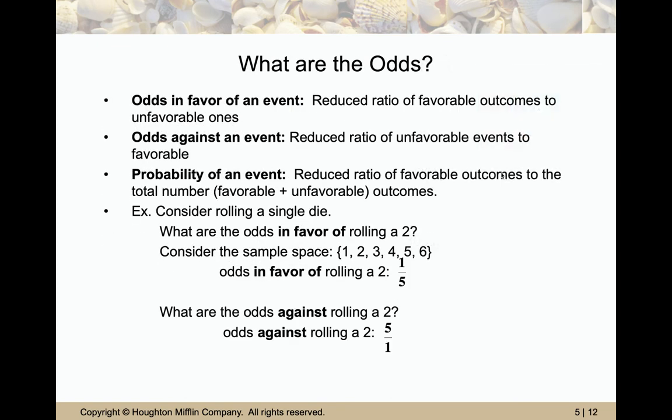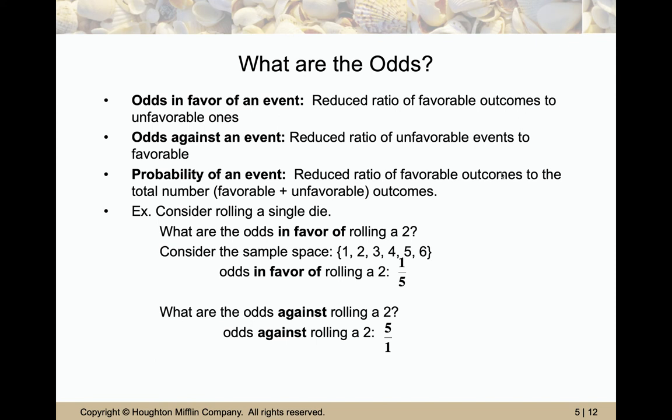A lot of times people think probability and odds are exactly the same thing. They are related, but they're different. And the difference is in the denominator. The odds in favor of an event is the reduced ratio of favorable outcomes to unfavorable ones. So probability is the ratio of favorable outcomes to all outcomes.